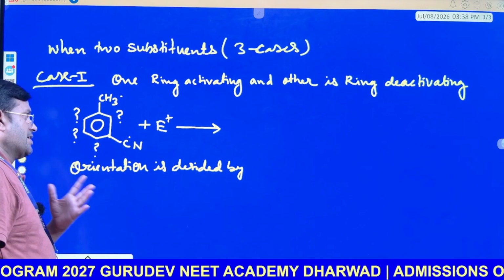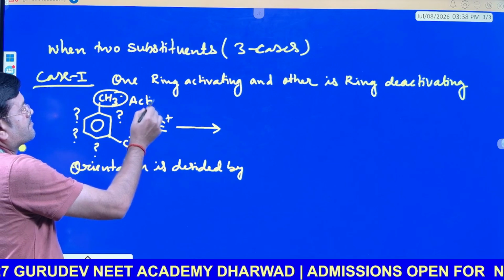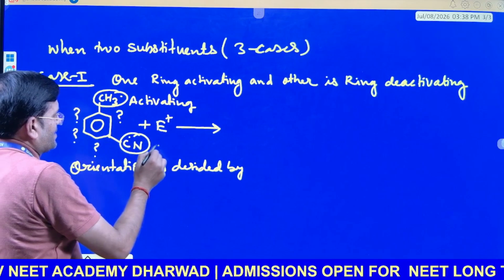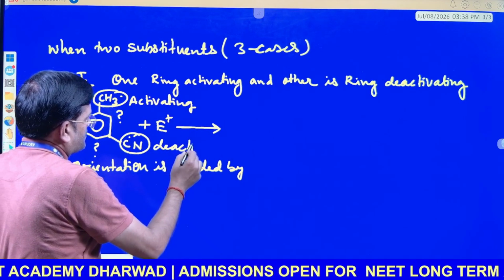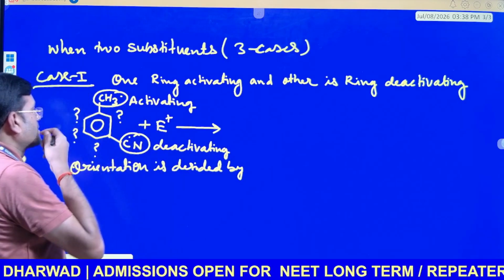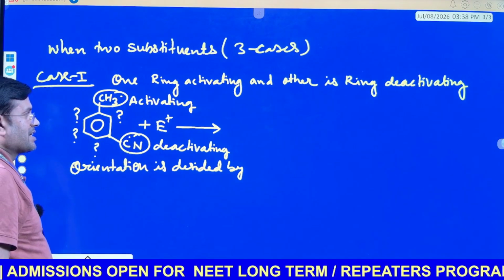So the major point is, here this is activating and this is deactivating. So the orientation for the incoming electrophile is decided by that substituent which is activating.